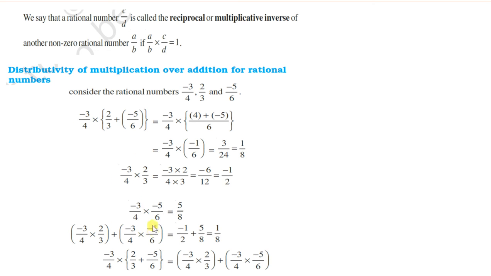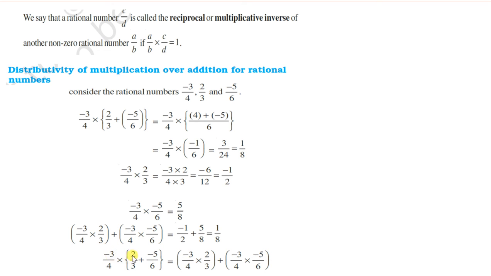When you multiply minus 3 by 4 with minus 5 by 6, it becomes 5 by 8. Now if we add these two, that is minus half and 5 by 8, we get 8 as LCM. Then in the numerator minus 4 plus 5, that is 1 by 8. And we observe from here that this expression is equal to this expression. So this is called the distributivity of multiplication over addition.